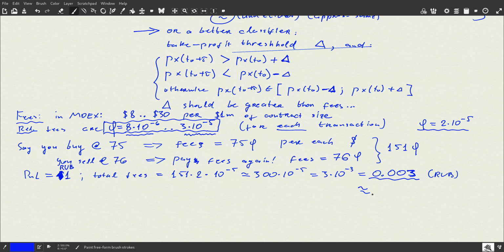And they are of the scale approximately in this case. You remember the price step is one price step is 0.0025 rubles. So basically your fees in this case are of the range maybe 1.5 price steps.